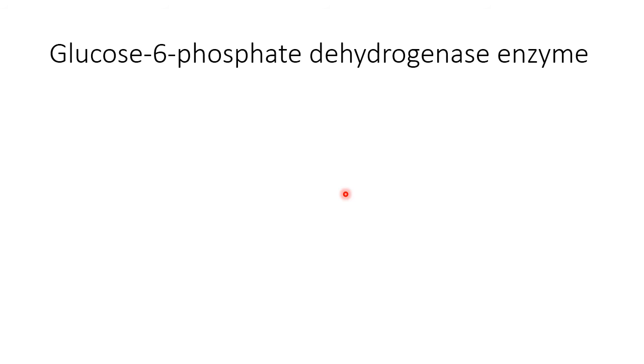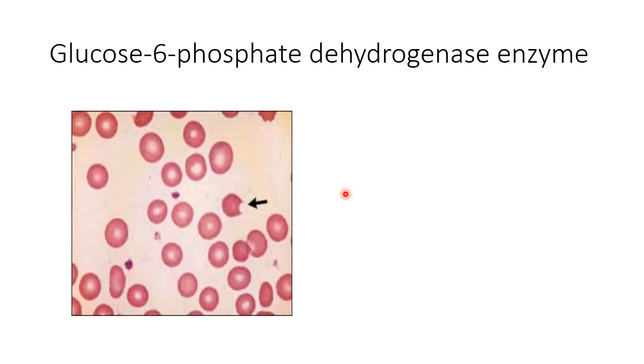Now, why is it so important? Because this enzyme deficiency normally does not present with hemolytic anemia. But if there is some stress or some drug that causes oxidative stress, the patient presents with hemolytic anemia. Now, this is a classical presentation of the peripheral blood smear of glucose 6-phosphate dehydrogenase deficiency associated hemolytic anemia.